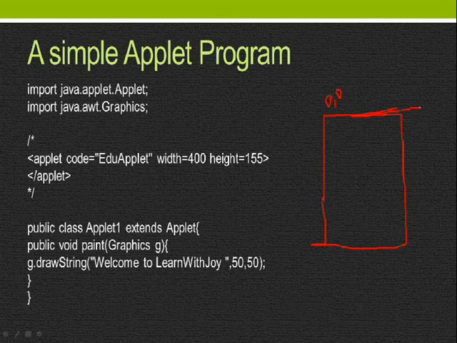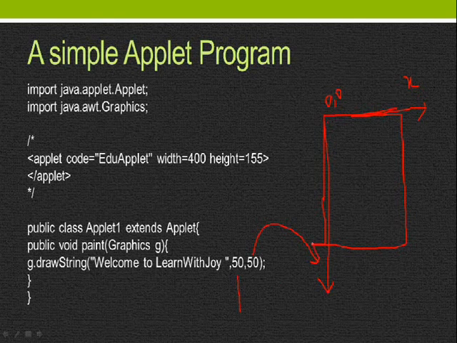In this direction x will be calculated, that is, this 50 will be calculated, and in this direction y will be calculated. So now this is 50, 50.